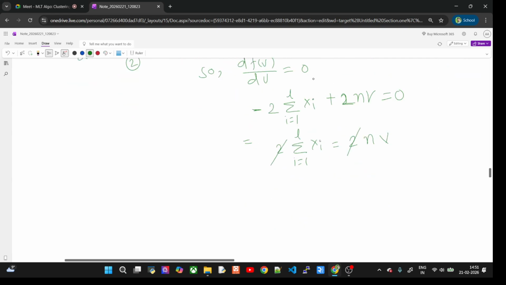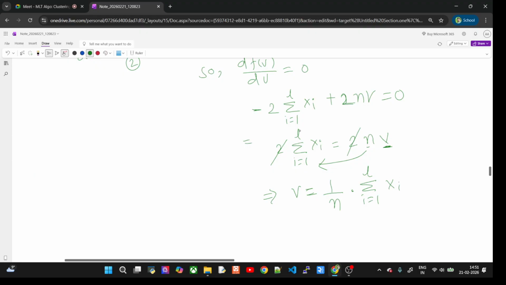What you are getting finally is v equal to, this 1 will go here, divided by n, into summation of i equal to 1 to L xi.